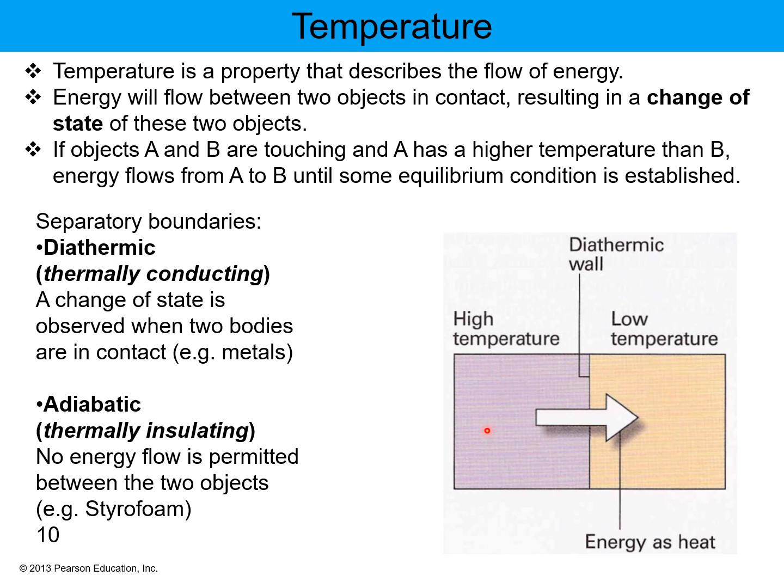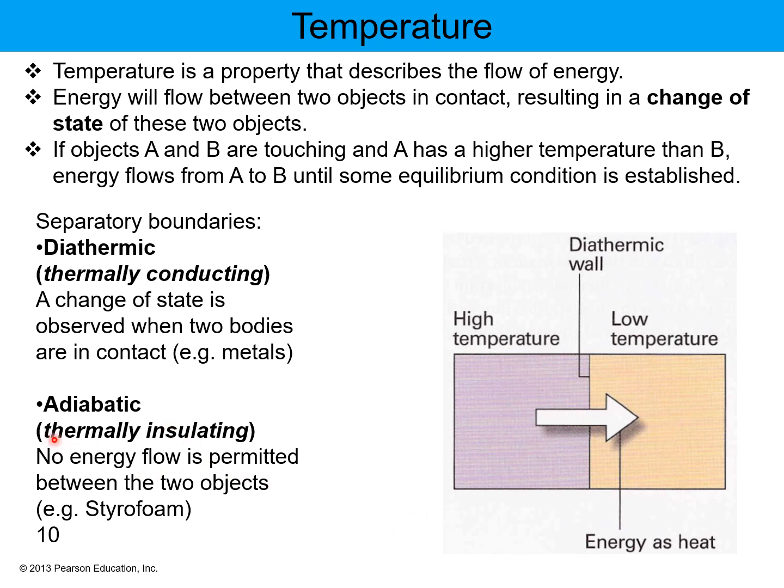For example, body A and body B, and body A has a high temperature compared to body B. You can see that the energy flows from the high temperature to the low temperature, and between these two, when they contact together, there is a wall that we call a diathermic wall, which allows the energy to flow from the high to the low temperature.